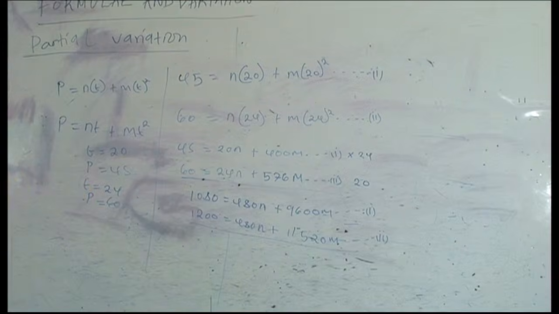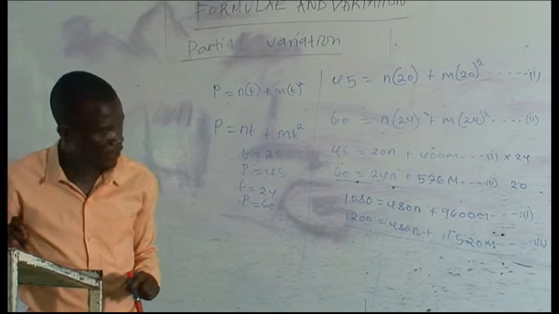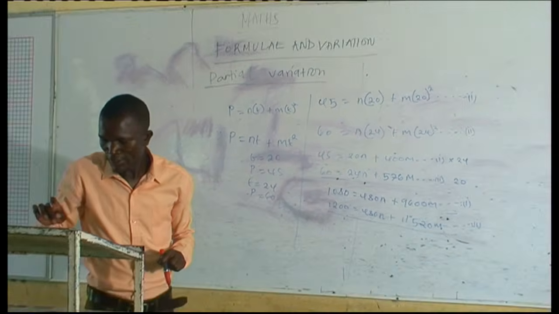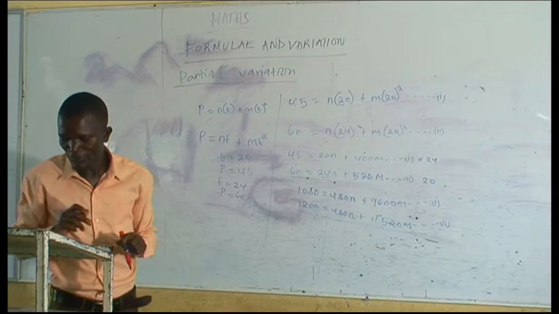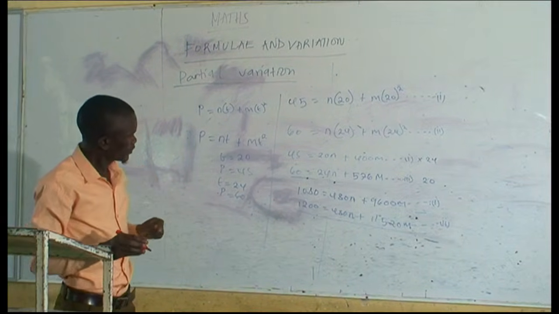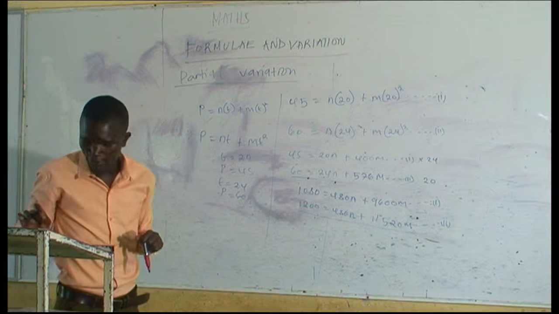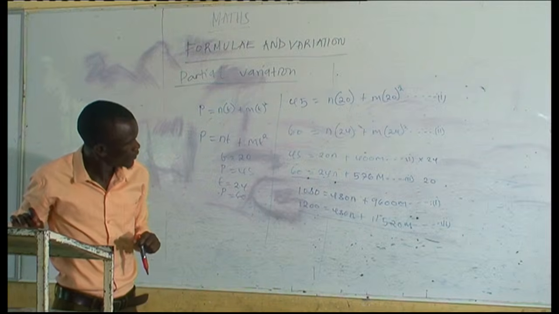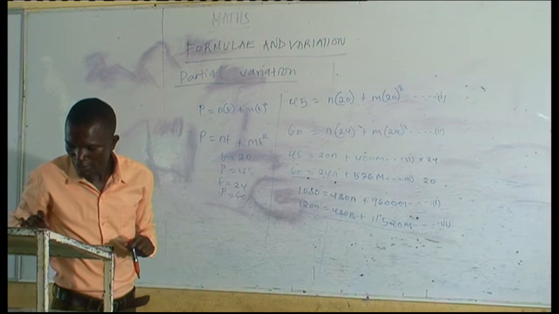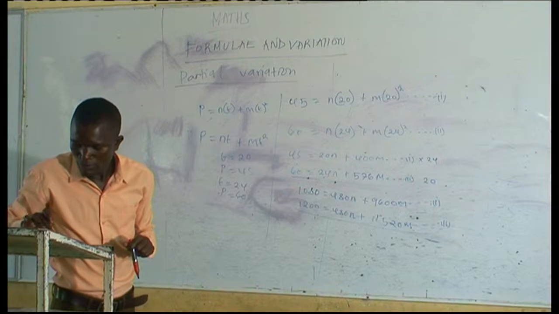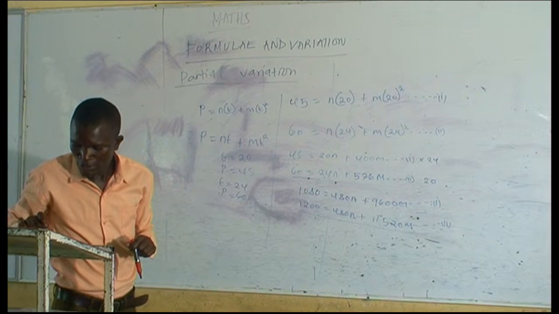Now, learners, in the comment section we can write 9600 minus 11,520.